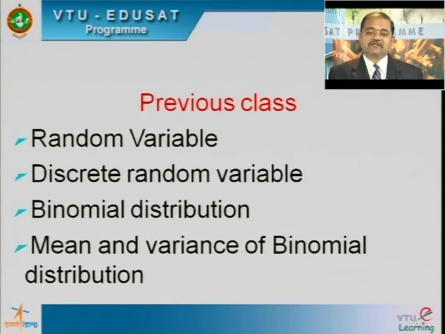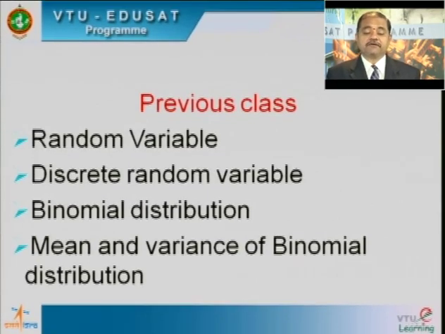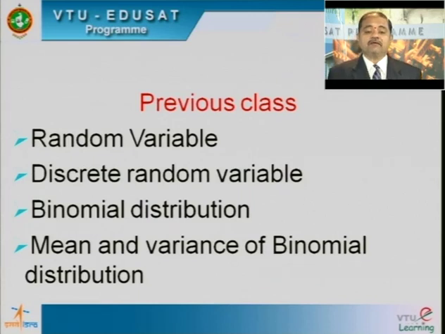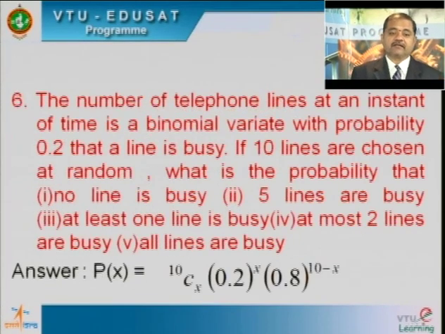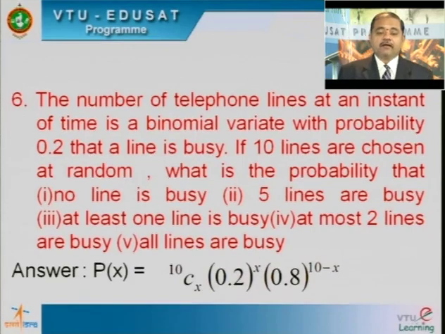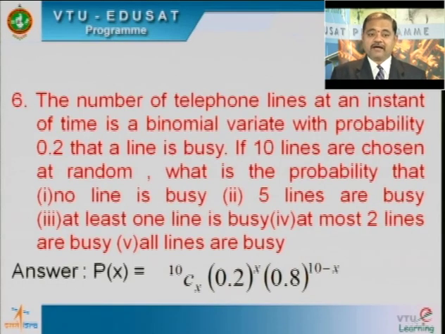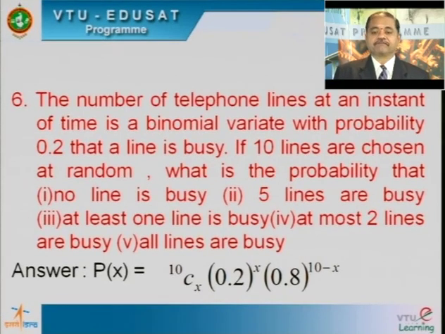So in the last class we started with binomial distribution, we derived the mean and variance of binomial distribution and did a few problems on it. Continuation of it, another question: the number of telephone lines at an instant of time is a binomial variate with probability 0.2 that a line is busy.